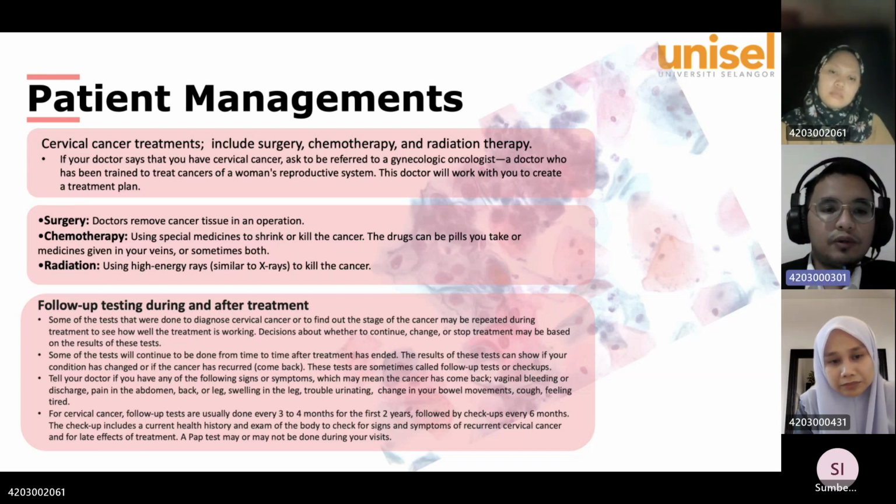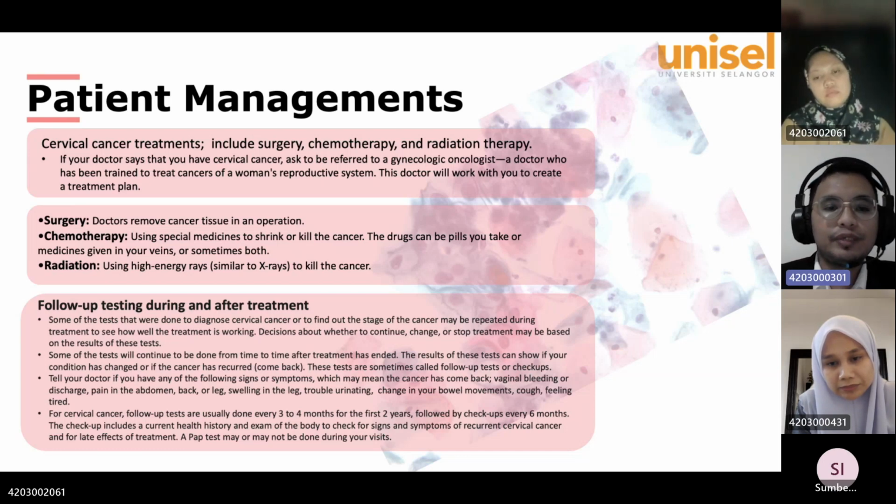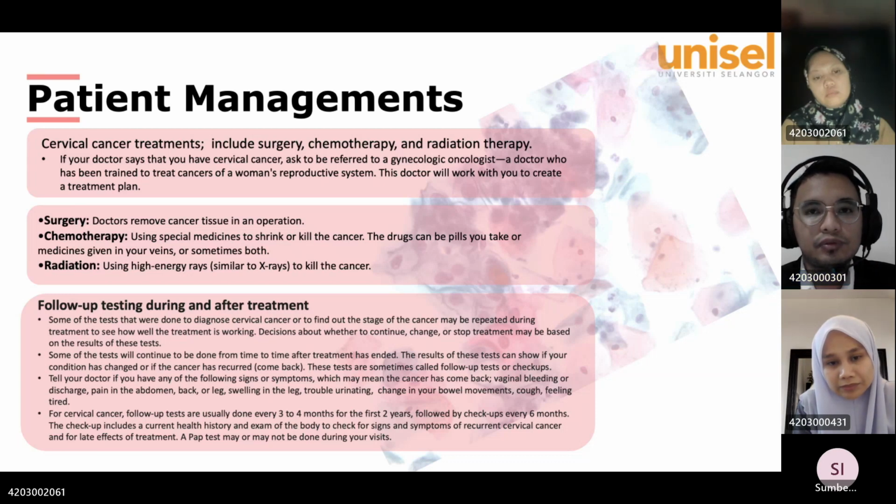So for the follow-up testing during and after the treatment, some of the tests that we did to diagnose cervical cancer or to find out the stage of the cancer may be repeated during the treatment to see how well the treatment is working. We can use a tumor marker in the chemistry lab to detect the level of the tumor.